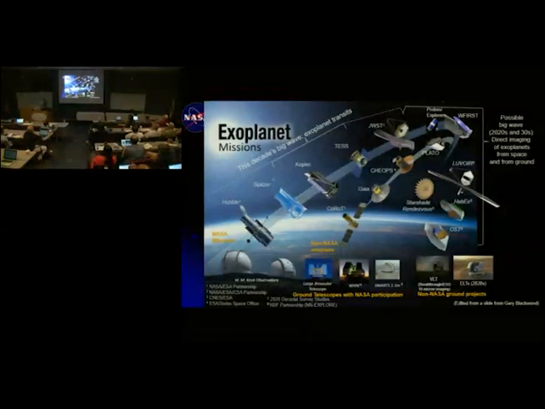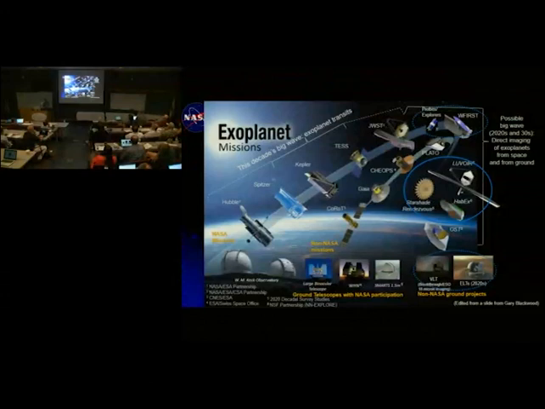I'm sure that will continue, as well as RV and hopefully astrometry as well. But if you look at the next decade or two, there seems to be a possible, maybe even a likely, big wave of direct imaging missions and concepts, and on the ground as well. And a lot of these can do potentially habitable planets.